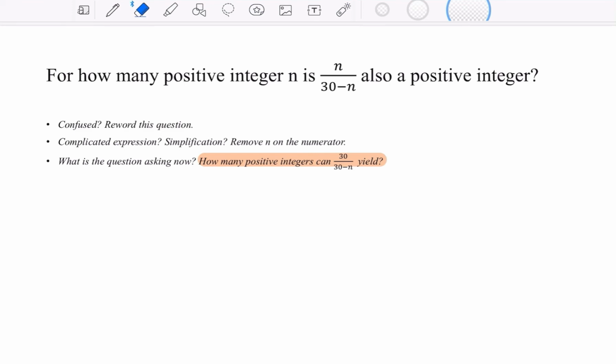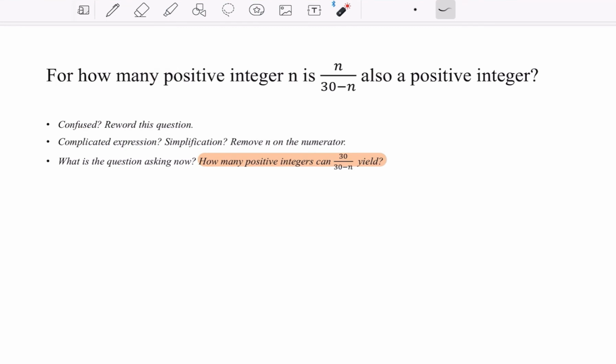So then we can think about, is this somehow related to divisibility, and is this somehow related to factors? Because 30 minus n should be a much smaller number than 30, since the question is asking us to find the positive integers of n.